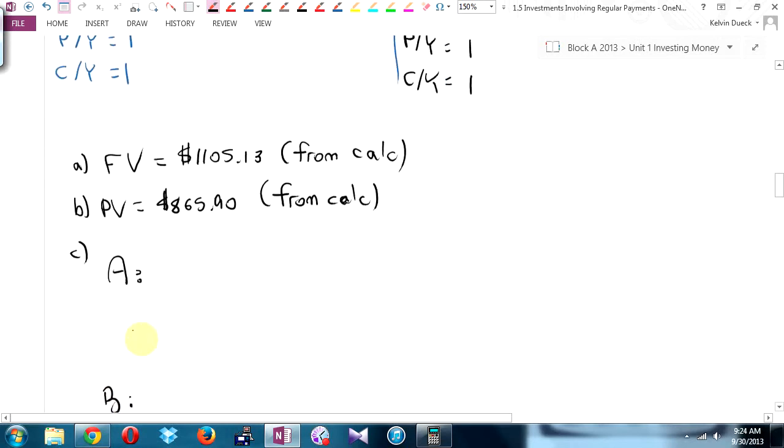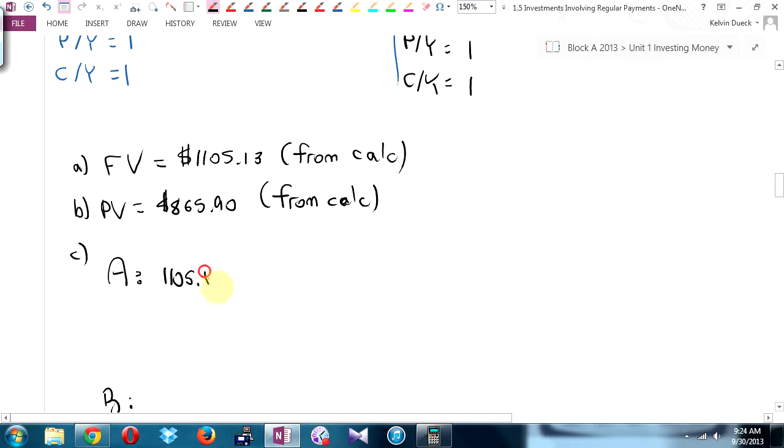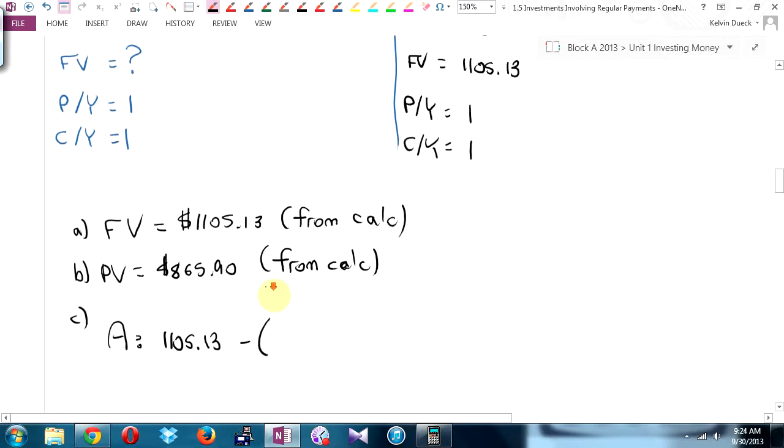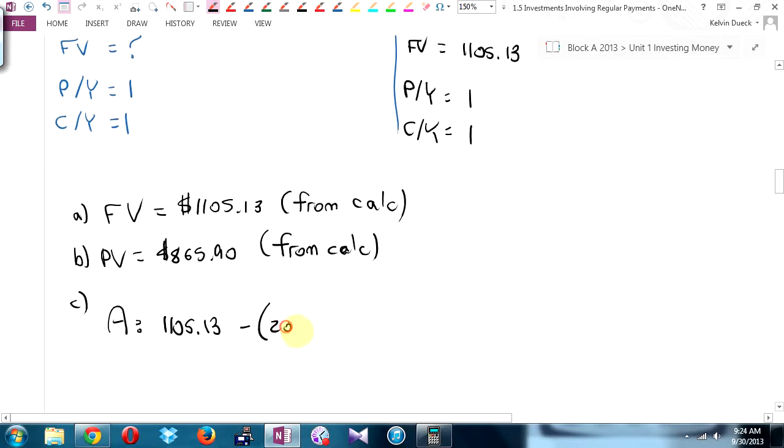So Adam's final amount was 1105.13, take away. How much did he invest? Well, he was paying $200 once a year for how many years?